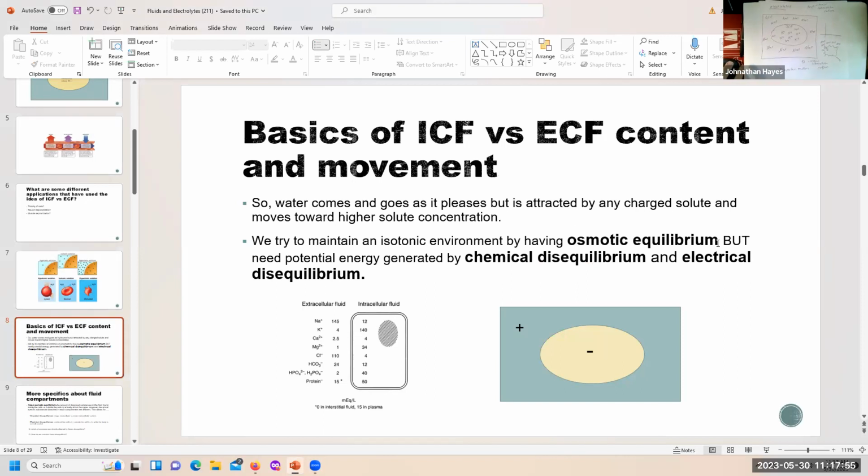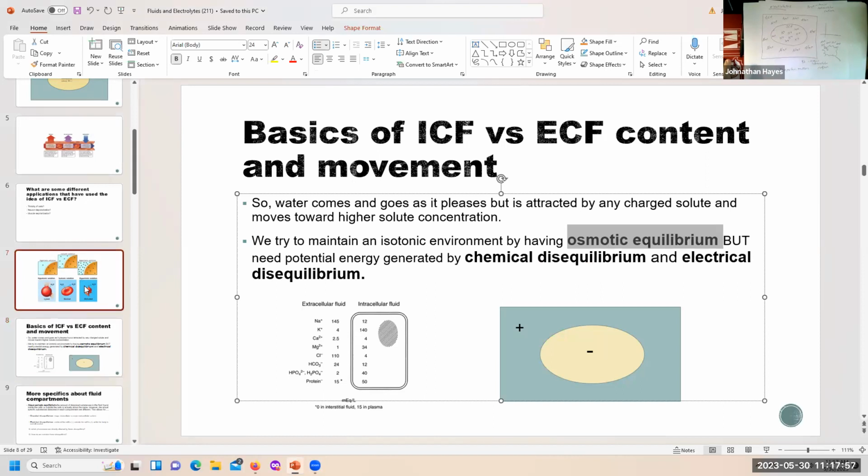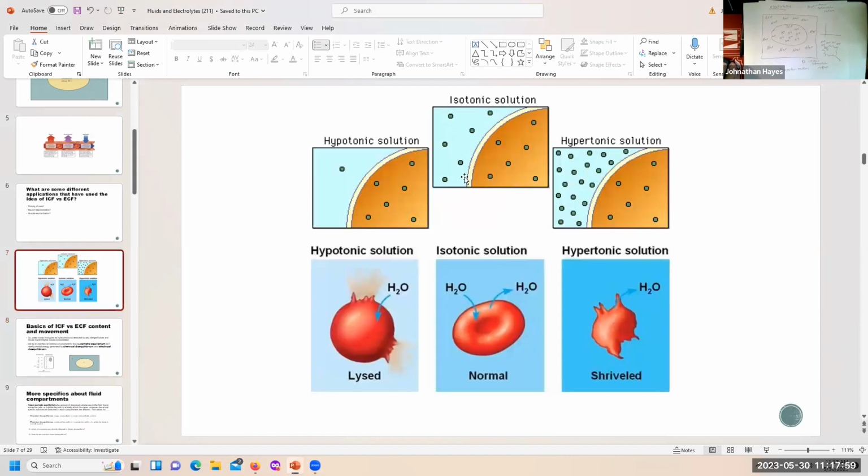You're probably familiar with that concept when you deal with isotonic solutions, right? The basic idea of isotonic solutions is water can freely go through a cell membrane anytime it wants to.